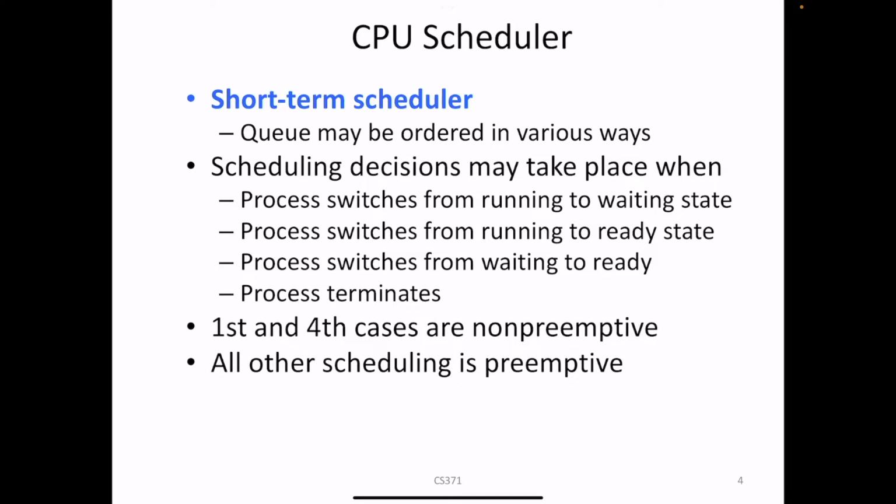For example, when the process finishes computation and starts to do the I/O, then the CPU can be scheduled to another process. Or when the process is terminated, the CPU can also be scheduled to another process. On the other hand, the other two situations belong to preemptive. For example, one process has not finished its computation.